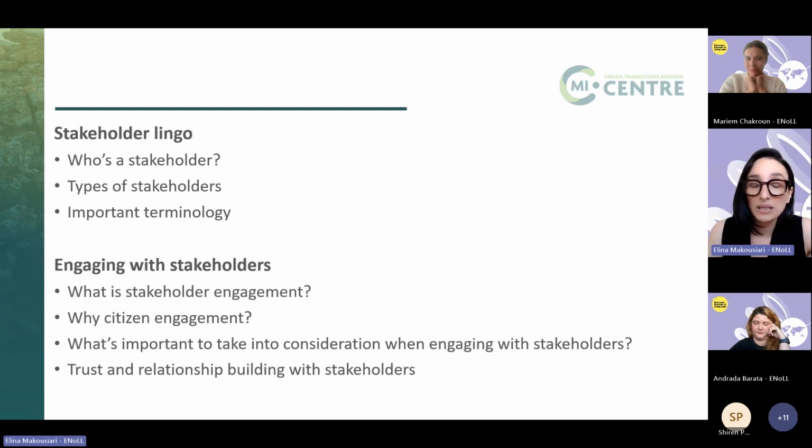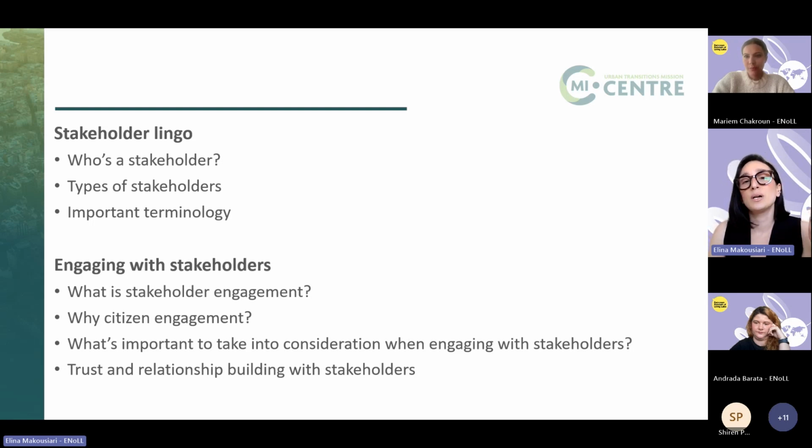So what do we mean by that? Why involve citizens, and why is it important to have citizens on board, and also some important tips and tricks to take into account when you start planning on engaging with stakeholders. And lastly, why trust and relationship building with stakeholders is also very fundamental.